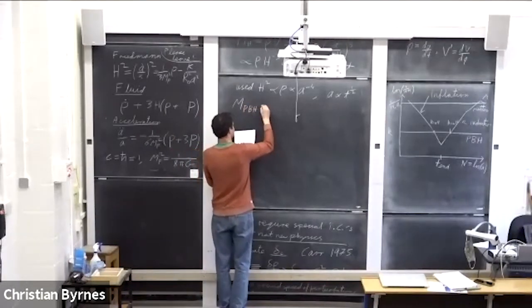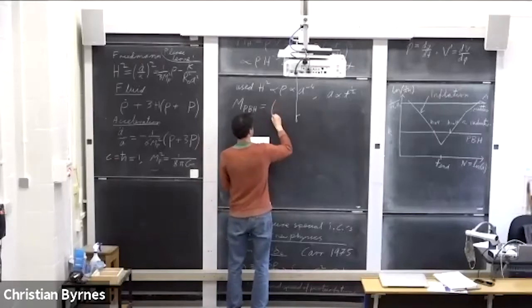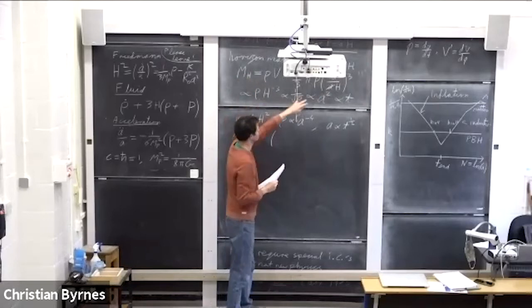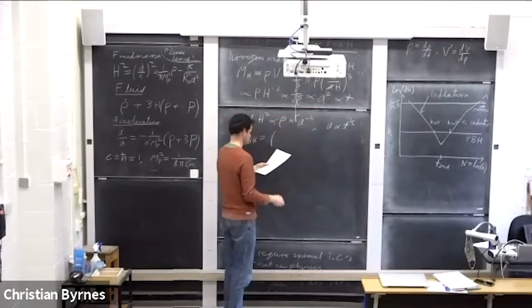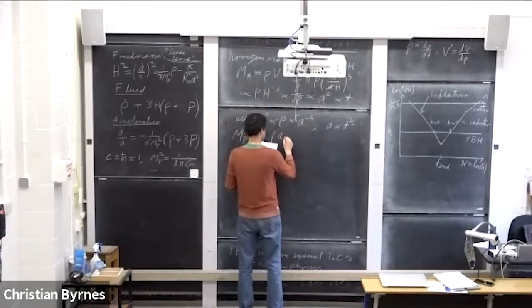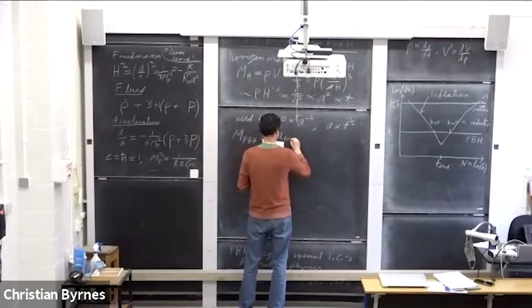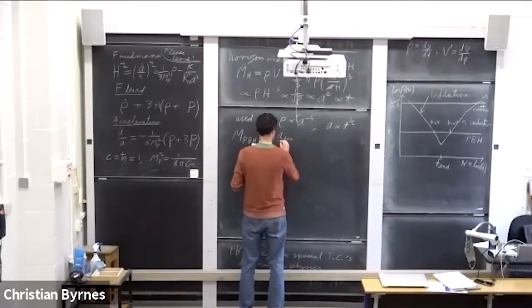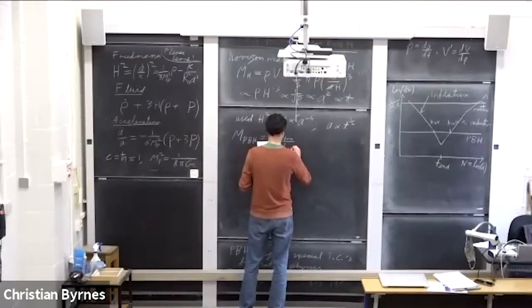And so this thing is, okay, the mass is proportional to a squared. So it depends on a at the time of formation. Let me write that as a over a equality.